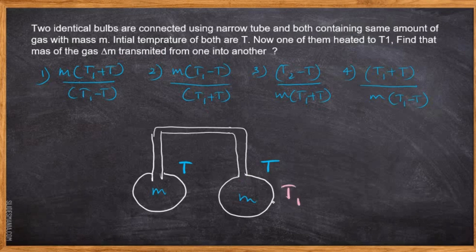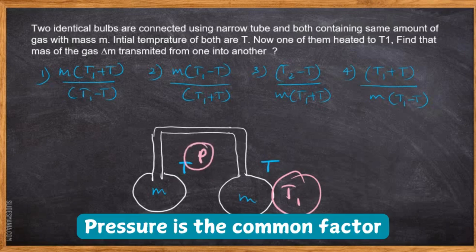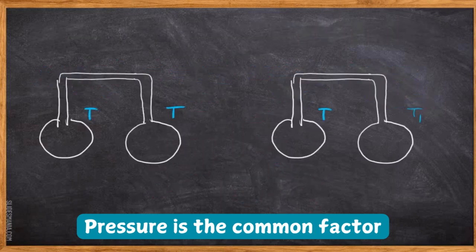Let's say this is T1, so it's heated to T1. What happens is, the pressure is the common factor here. Until the pressure equalizes in both bulbs, the amount of molecules, so mass, will move from one to the other.